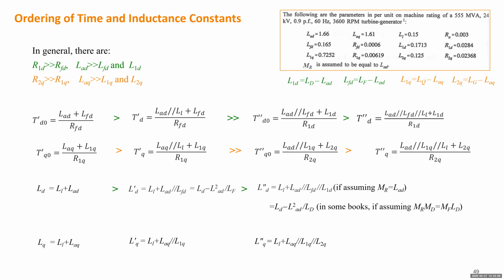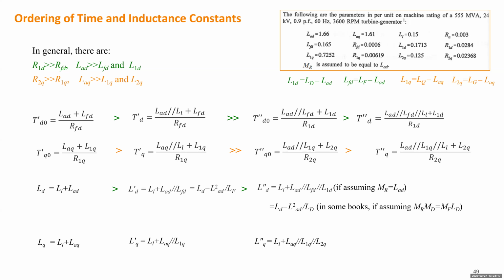They involve expressions regarding the parallel circuits. If you spell out LAD in parallel with LFD and L1D, that's very complex. That's a fraction. That's not convenient to use. So there's some other textbook that figured out, if you make this assumption, that's not wrong.